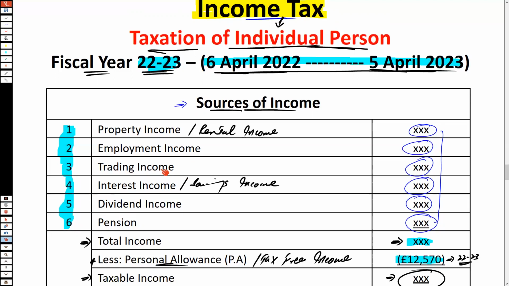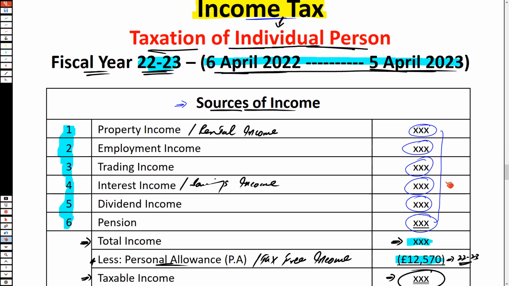If you are renting out properties and also doing a business, you have 2 sources of income. If another person has invested in shares and also in loan notes, that person would have 2 sources of income. So the sources of income vary from question to question, scenario to scenario.